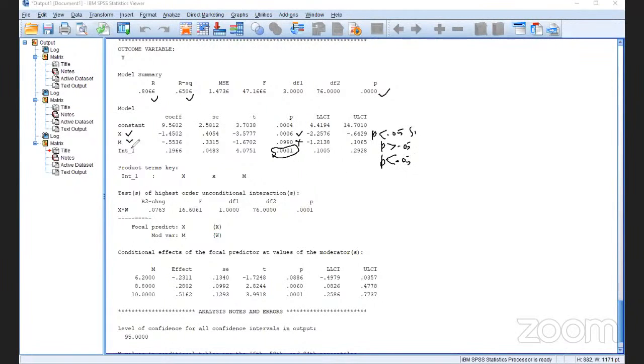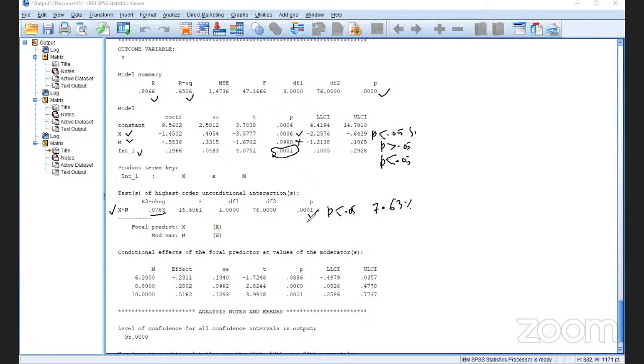Now how much is the R square? R square of interaction is 0.076, meaning it is 7.63%, and it is significant because the p value is less than 0.05.